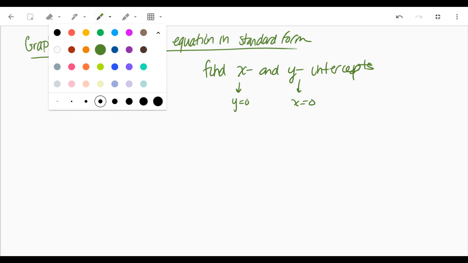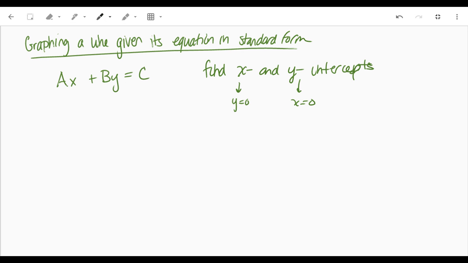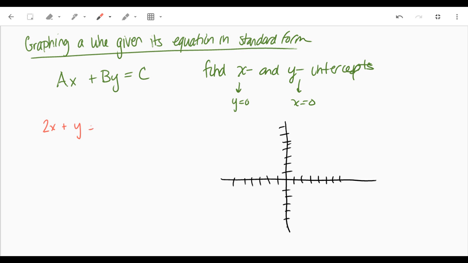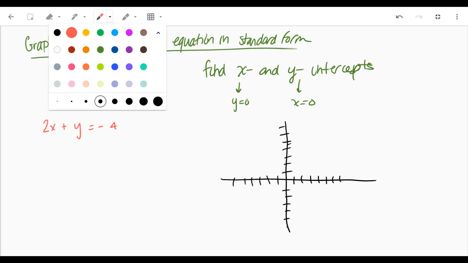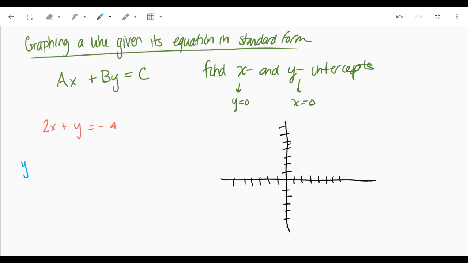So the example that we're going to have here, we got the line 2x plus y equals negative 4. So first we're going to make y equals 0. If y equals 0, then we have 2x equals negative 4 because y is 0.